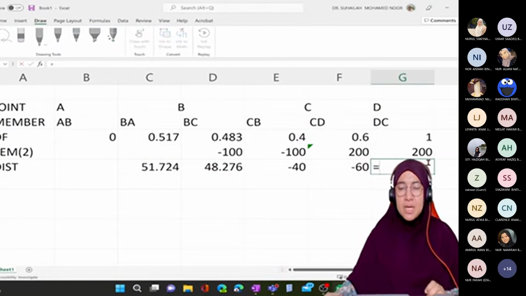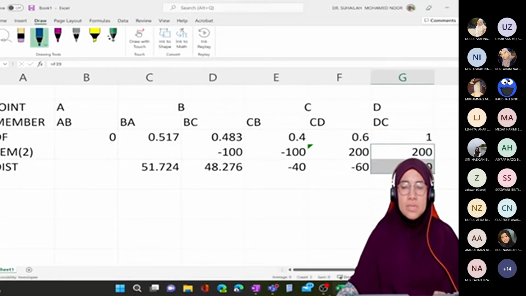And this one is negative 200 times 1. So the total here is 0.